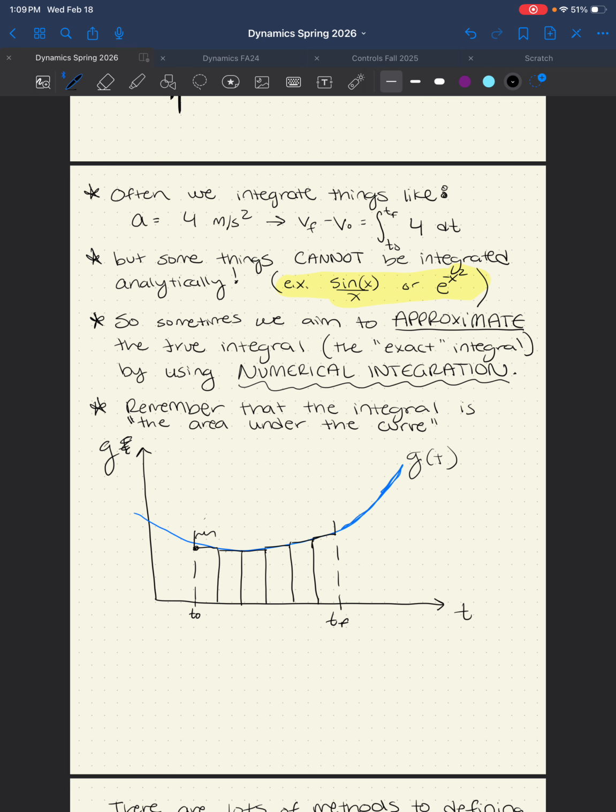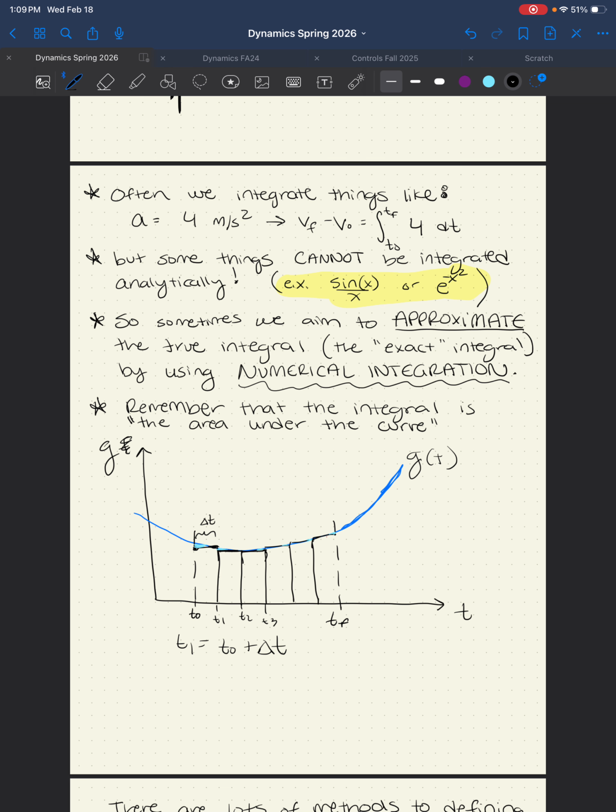Instead, it has some width, delta t, some change in time, so maybe this is t1, t2, t3, and maybe t1 is equal to t0 plus delta t. So it's not infinitesimally small, but we can convince ourselves that this is still a pretty good approximation, right? There's a little bit of error between what our rectangles will say is the area versus what our integral might say is the area, but it's an approximation. There's not all that much difference.